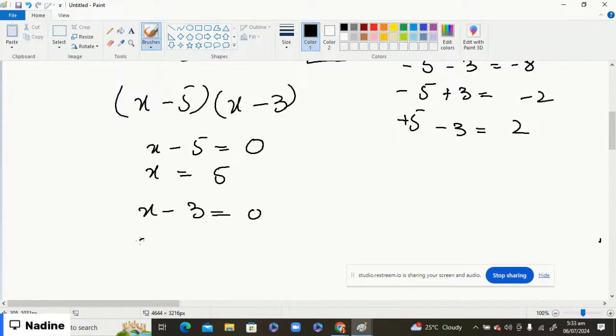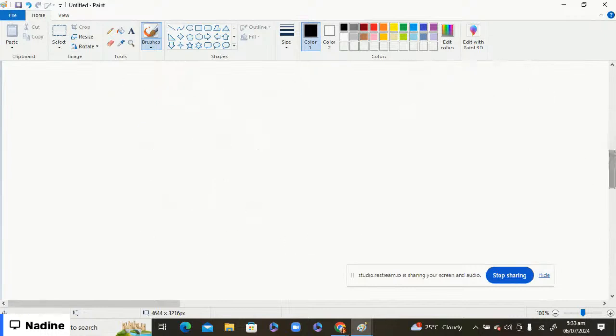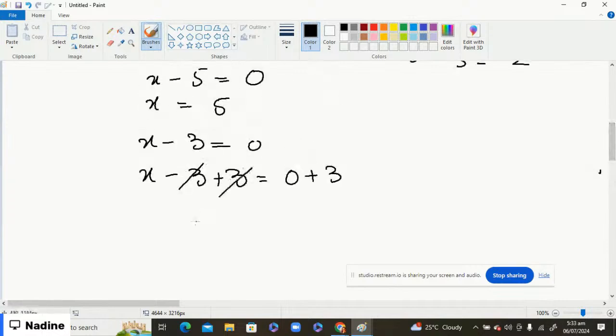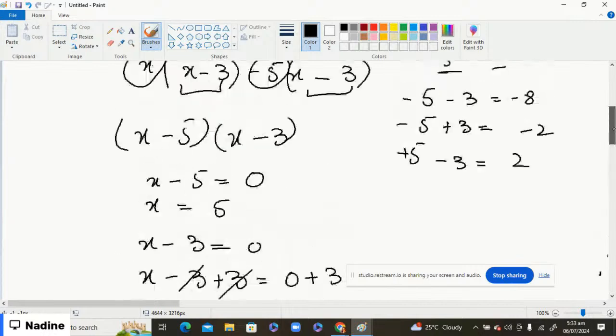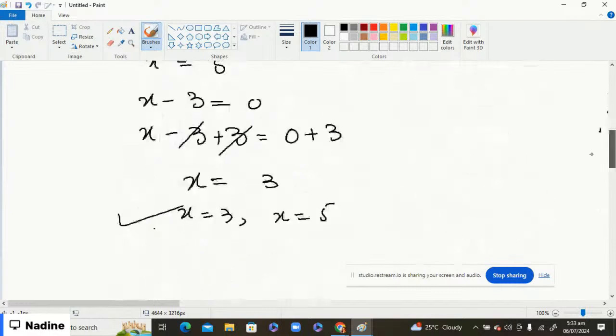If you're not clear, adding 3 on both sides, 0 plus 3, this cancels and x is equal to 3. So what are the two values of x? The first value of x is 3 and the second value of x is 5. So x equals 3 and x equals 5. These are the two values of x when you solve this question. This is the method.